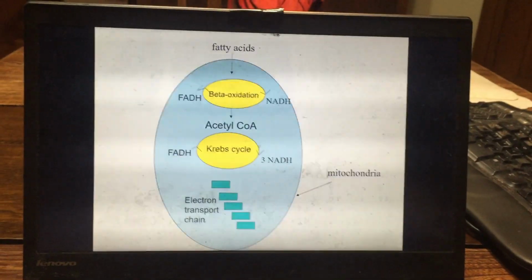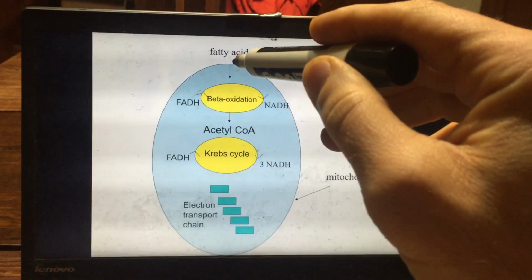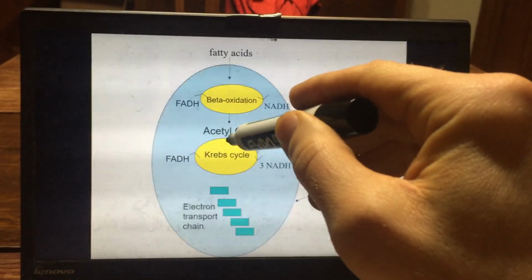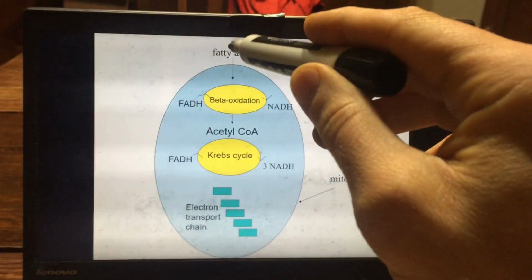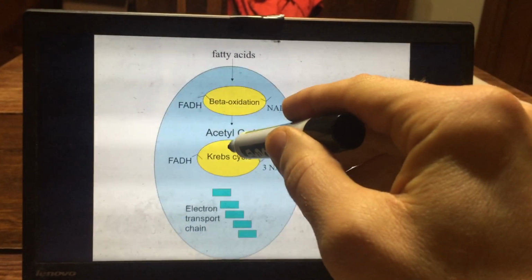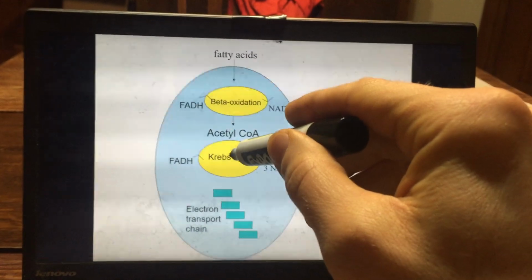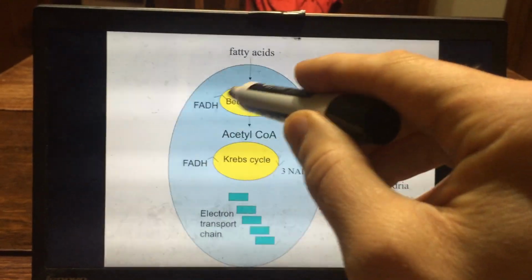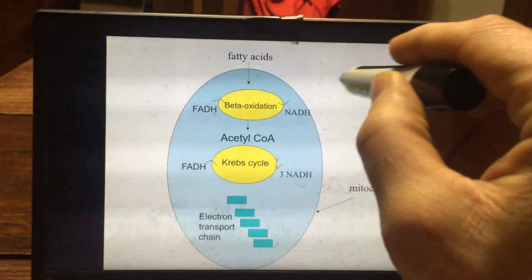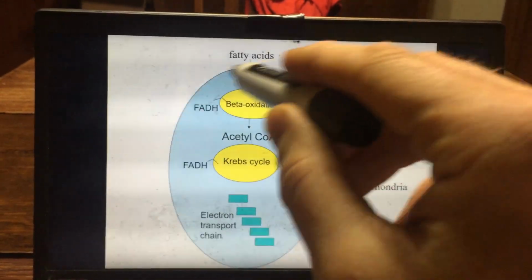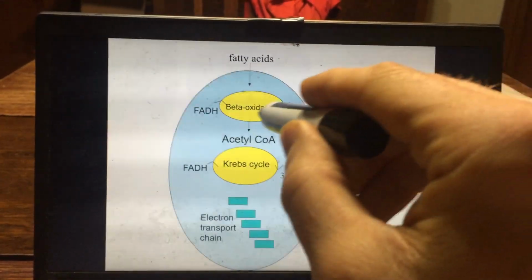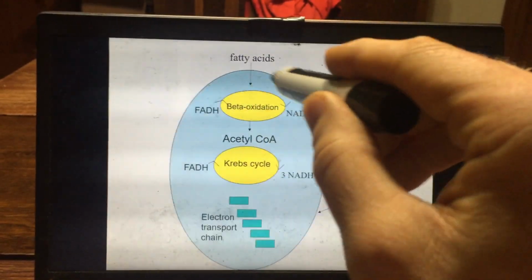So I've added to this schematic just for fatty acids. In the other one, I just had fatty acids with an arrow to acetyl-CoA. In reality, the fatty acids first go through this beta oxidation before they go to acetyl-CoA. It's called beta oxidation because beta corresponds to the second carbon in a long chain of carbons in your fatty acids, and it chops your carbon chain down two at a time.